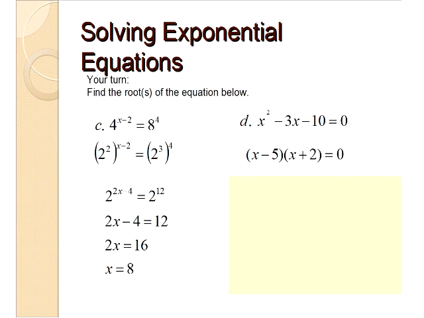I needed two numbers to multiply to give me -10, and two numbers to add to give me -3. And so what we have here is x minus 5 and x plus 2, since the numbers were -5 and plus 2. Now I can solve, and I see that x equals 5 or x equals -2.